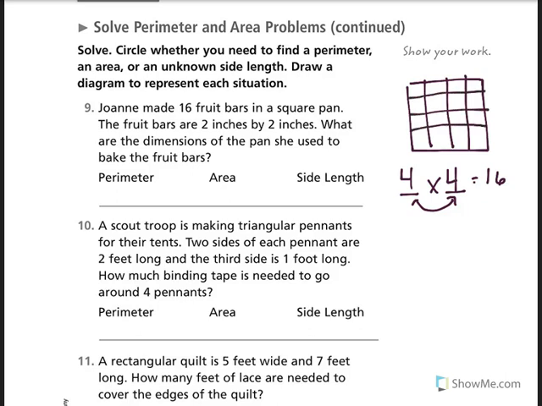So that means in order to make 16 bars, there are 4 fruit bars on each side, right? And if we know that each of these little sections is 2, so then that one's 2, 2, this one's 2, this one's 2, then this length is 8, and then this length, because these are also 2, 2, 2, 2, is 8.